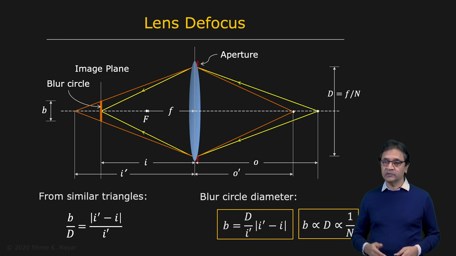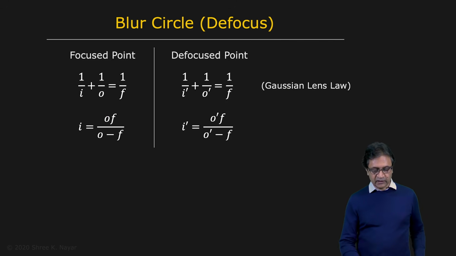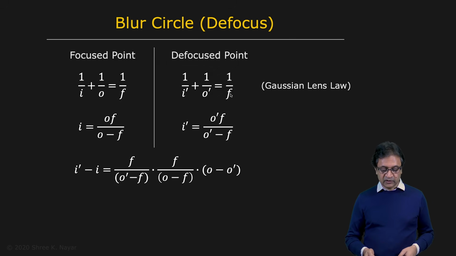We want to know what happens when we move things away from the plane of focus in the scene. So for that, we use the Gaussian lens law again. We can write the Gaussian lens law, or lens equation, for the focused point. We can then write it for the defocused point. And from these two expressions, we can get an expression for I prime minus I in terms of O minus O prime.